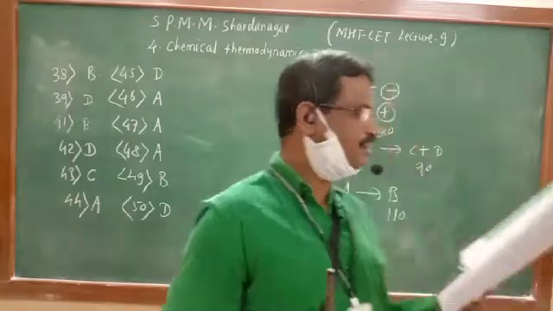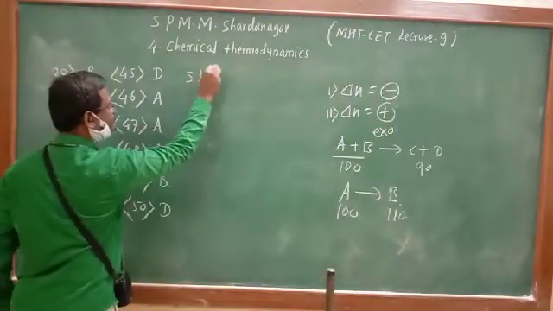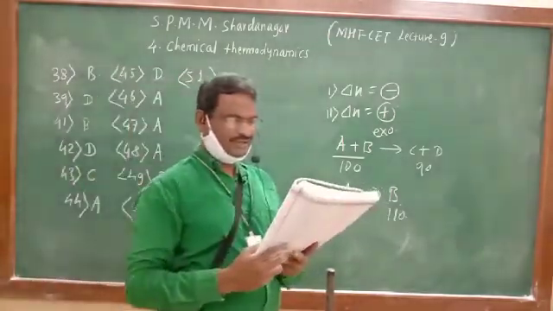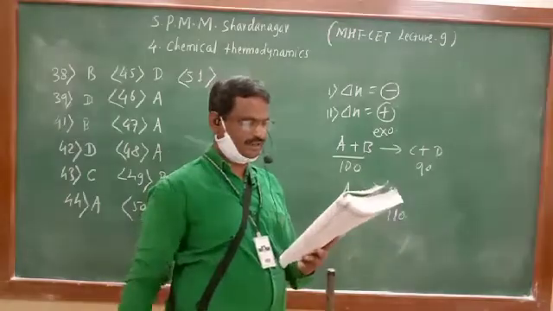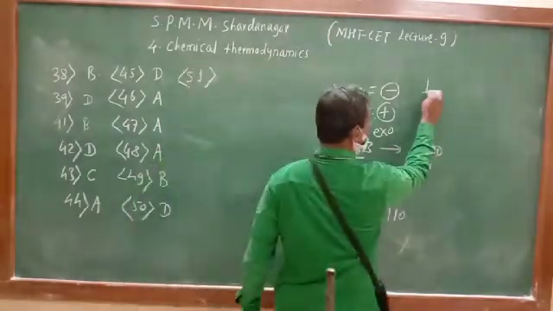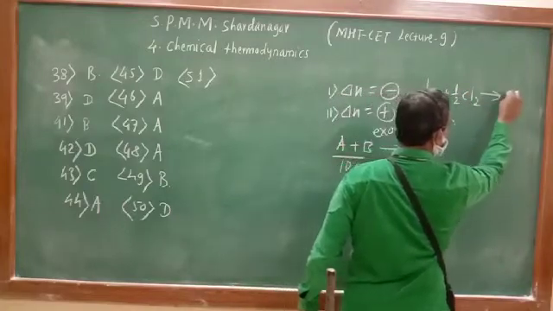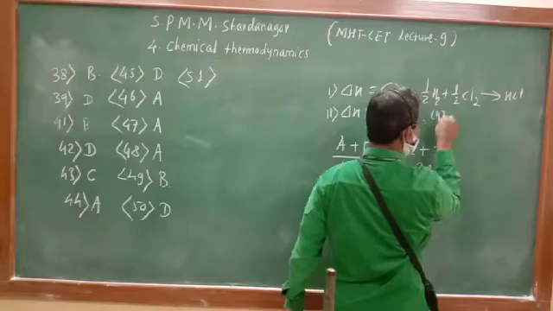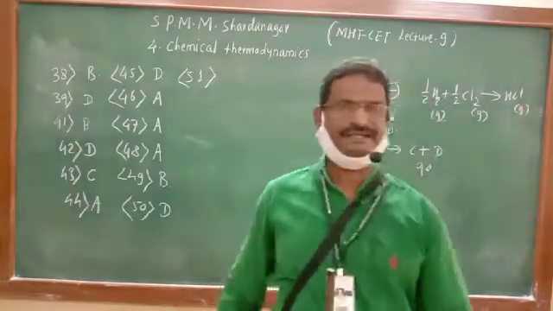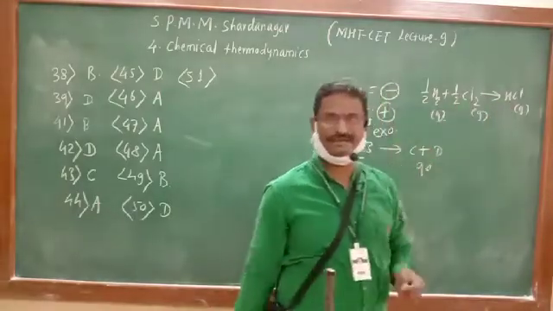Next, question number 51. The enthalpy change for the reaction is called, they have given a simple reaction, half H2 plus half Cl2 giving HCl. This is gas, gas, gas. So 1 mole of HCl is obtained from its constituent elements.